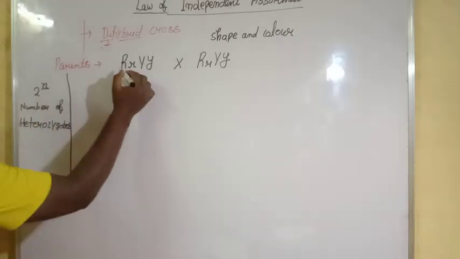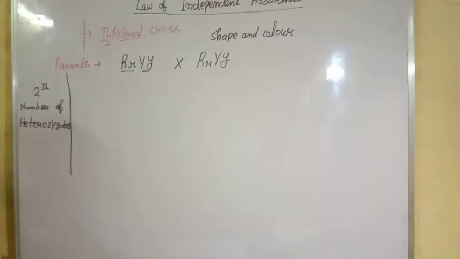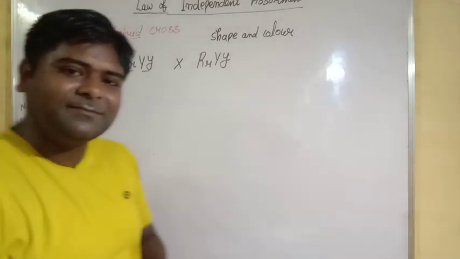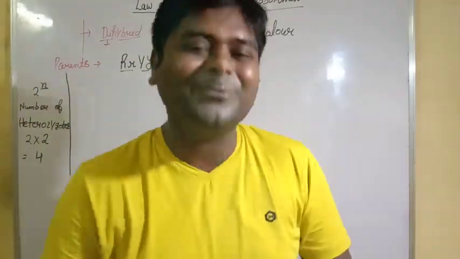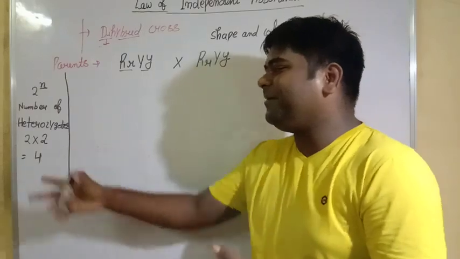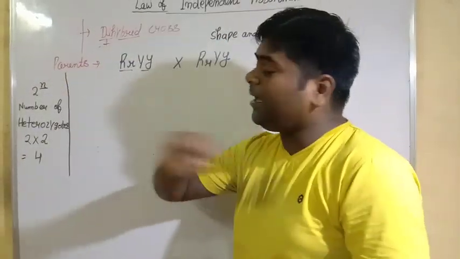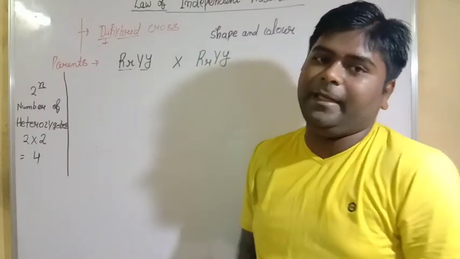Here we have 2 heterozygotes, it means we have power 2. Simple? Very simple. Thank you to my teacher for giving me this concept. So we have 4 kinds of gametes.